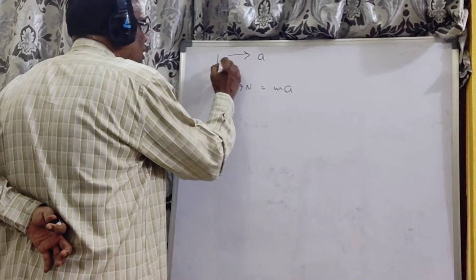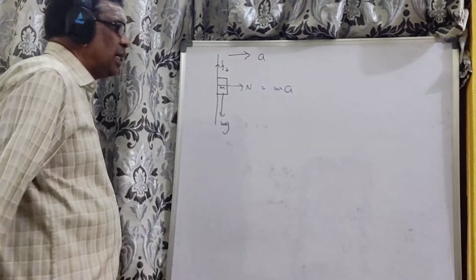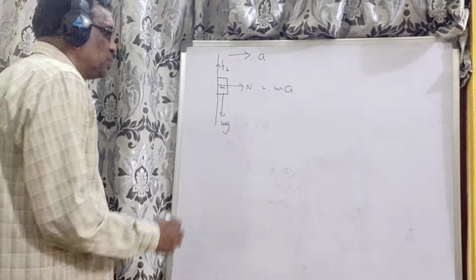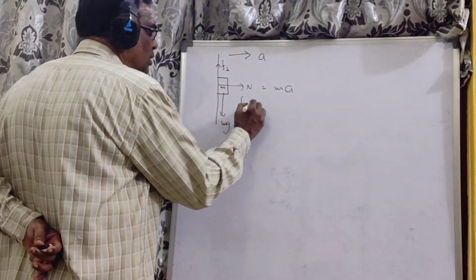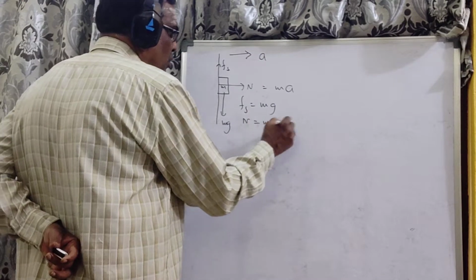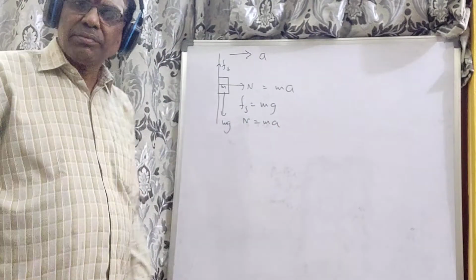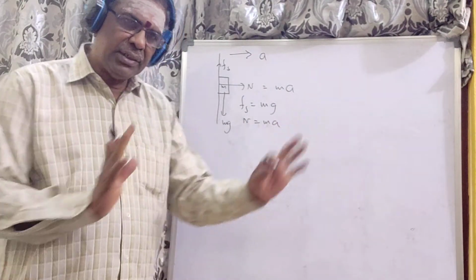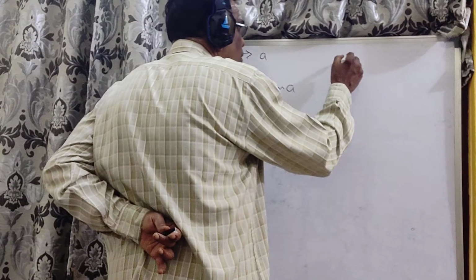And this is your static frictional force. So Fs is equal to mg, N is equal to ma.